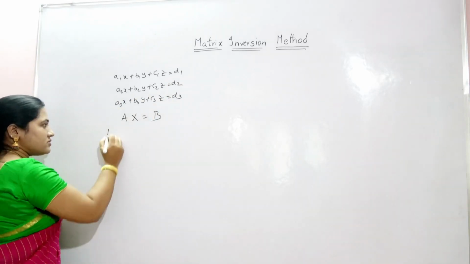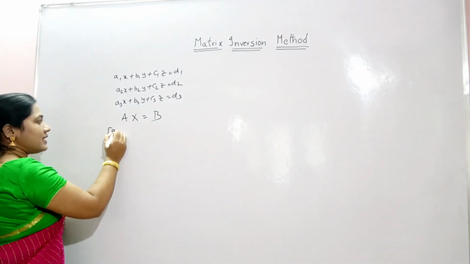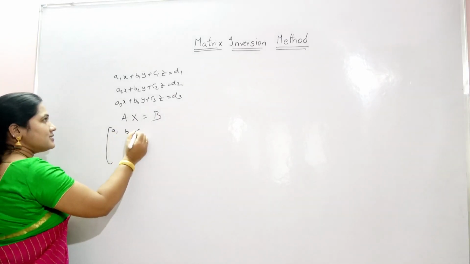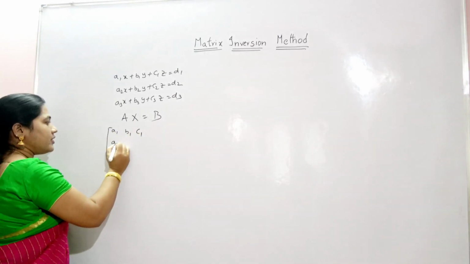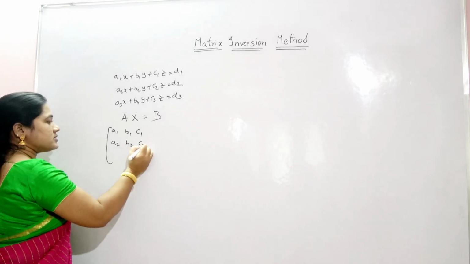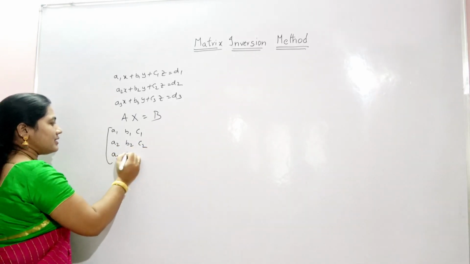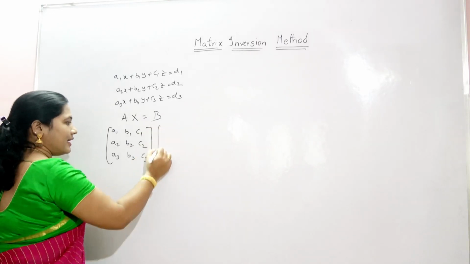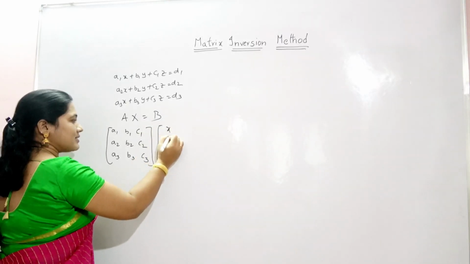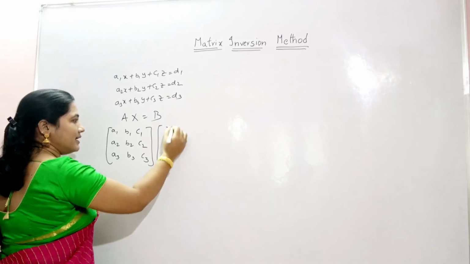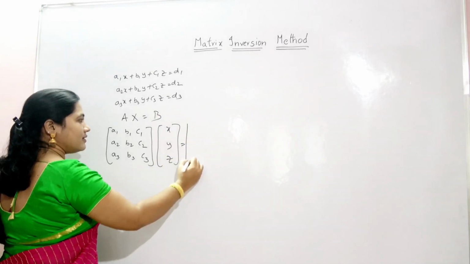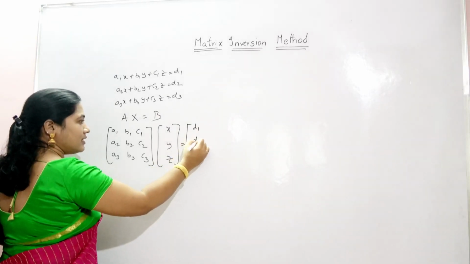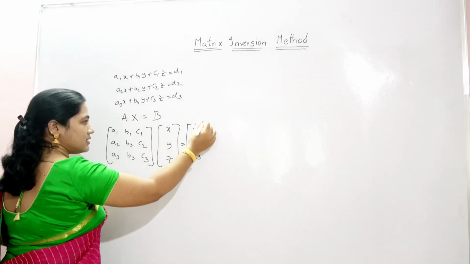So first, write down the matrix A with a1, b1, c1, a2, b2, c2, a3, b3, c3, then X with x, y and z, and B with d1, d2, d3.